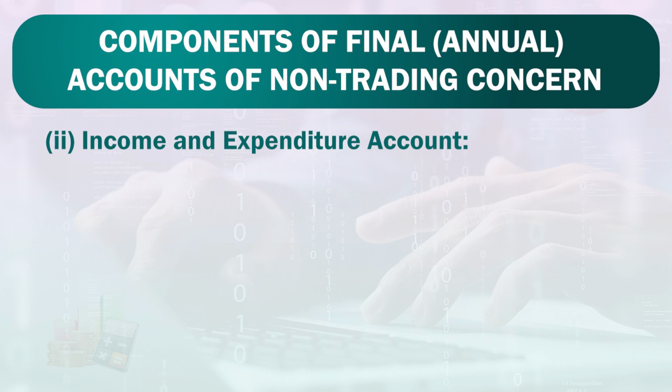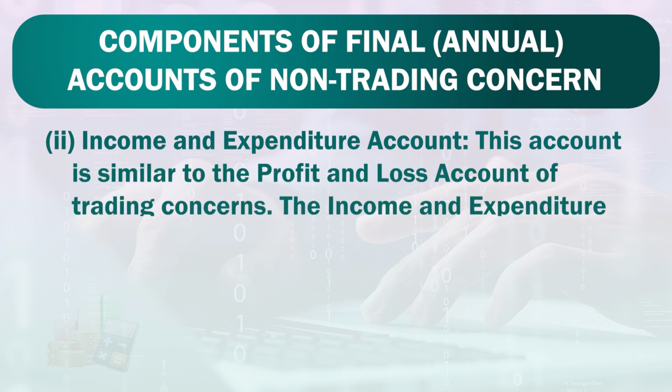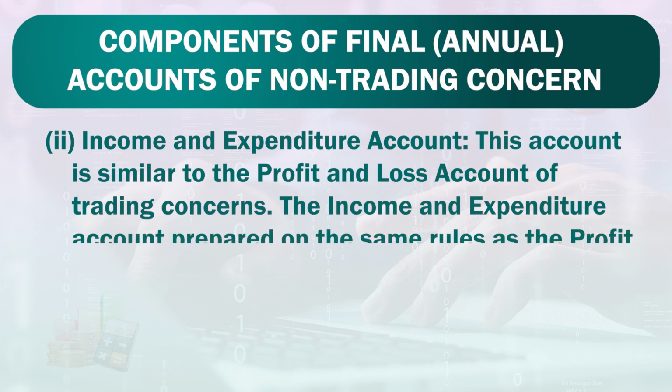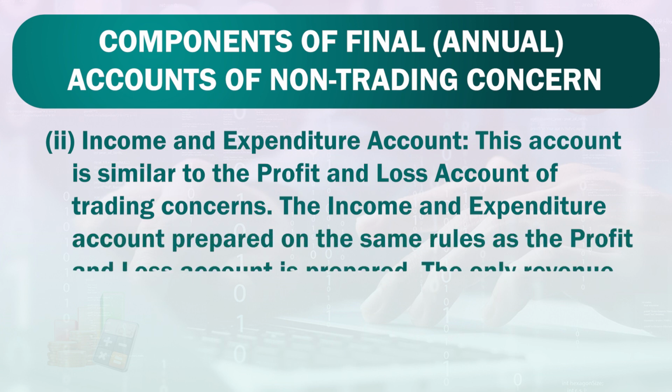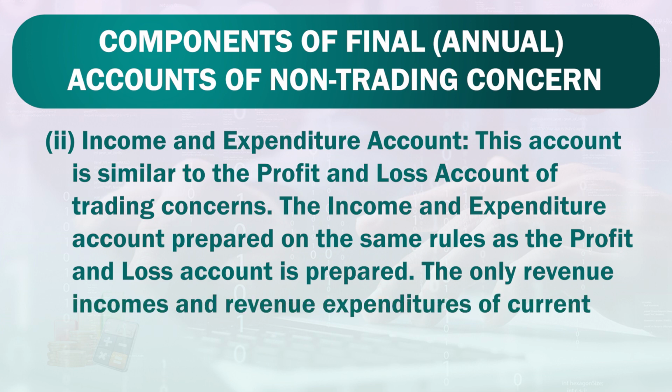2. Income and expenditure account. This account is similar to the profit and loss account of trading concerns. The income and expenditure account is prepared on the same rules as the profit and loss account is prepared. Only revenue incomes and revenue expenditures of the current year are disclosed.